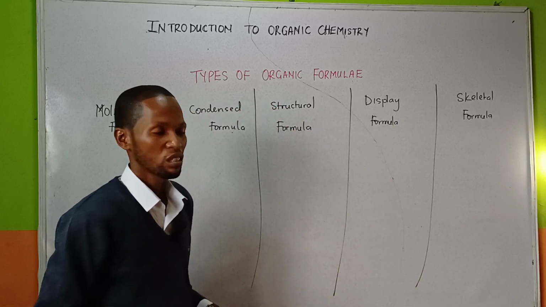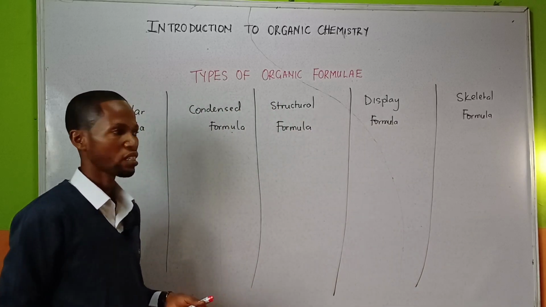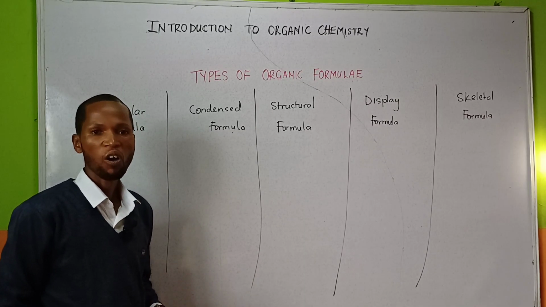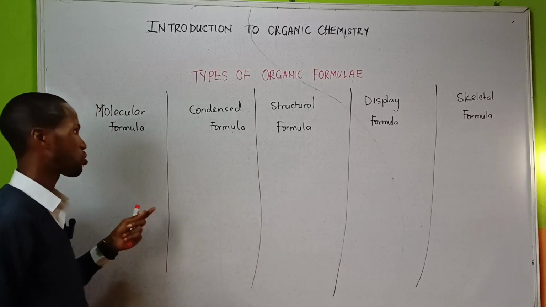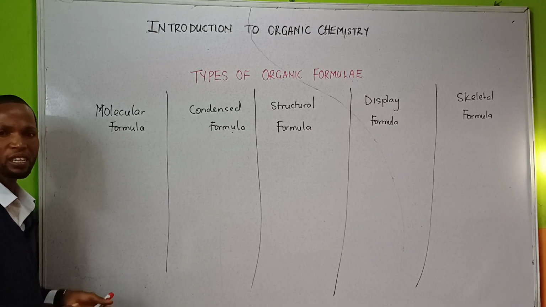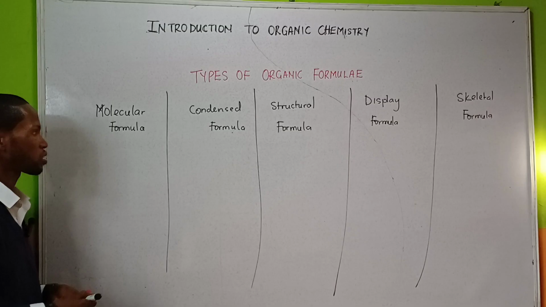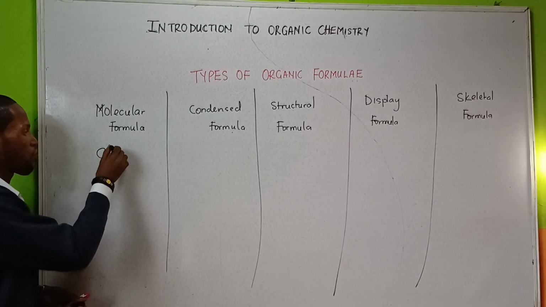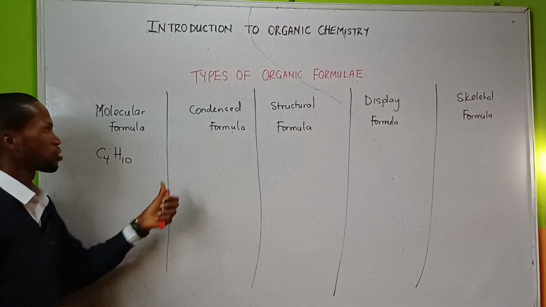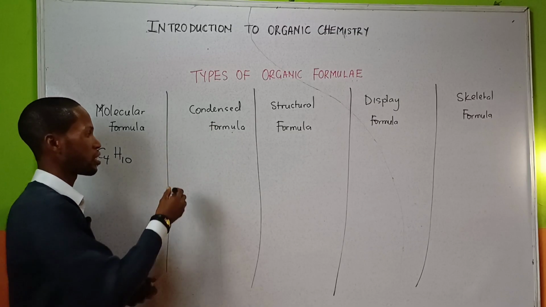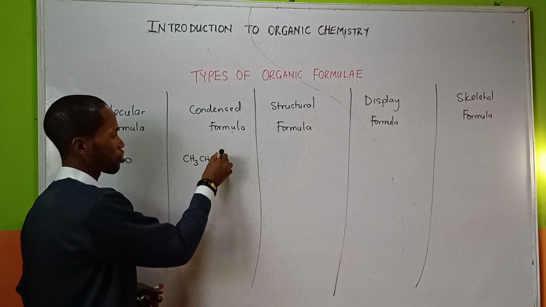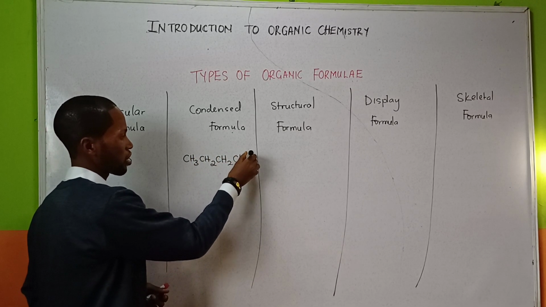Skeletal formula. So for example, I'm going to take the forms or formula of the fourth member of our alkane series. Let's start with the molecular formula. The fourth member is butane with the molecular formula C4H10. That's correct. So the condensed formula is written as CH3, CH2, CH2, CH3.